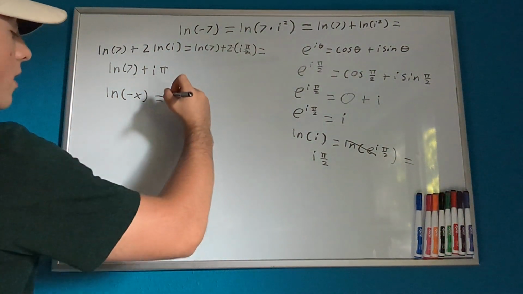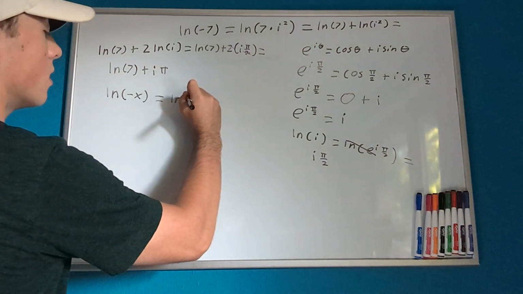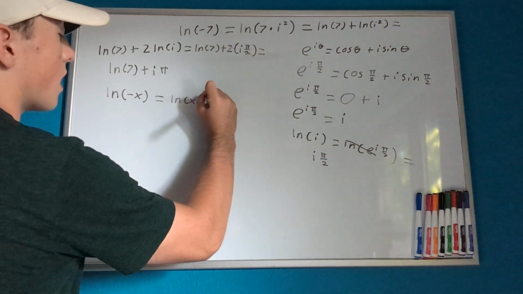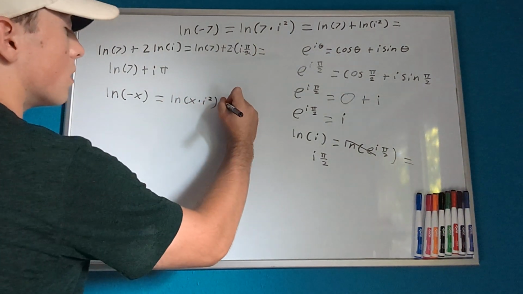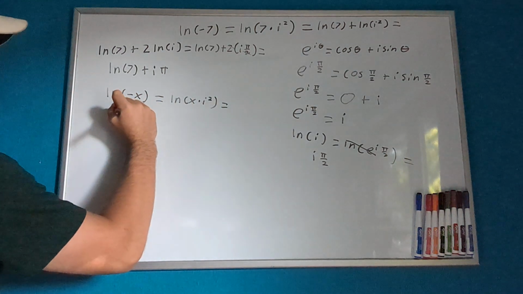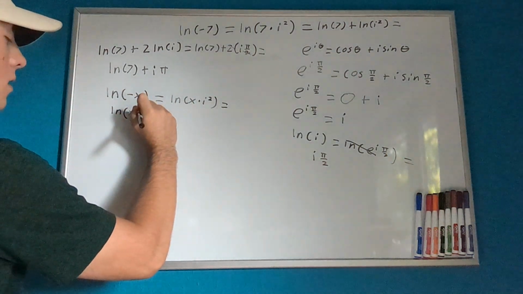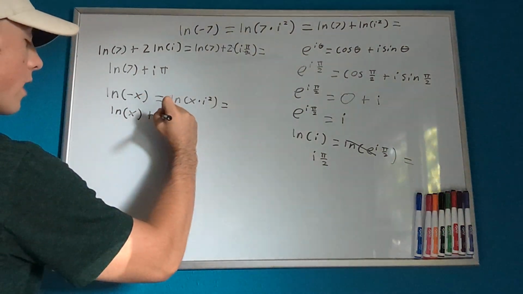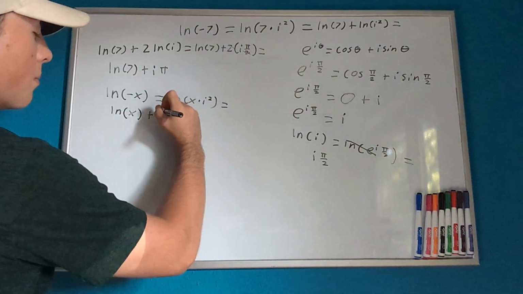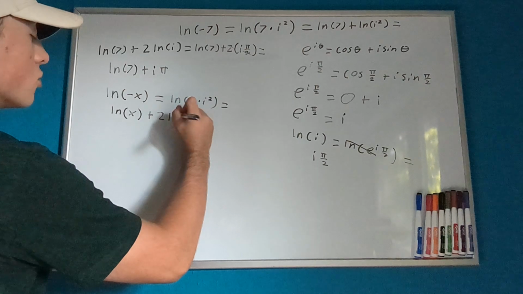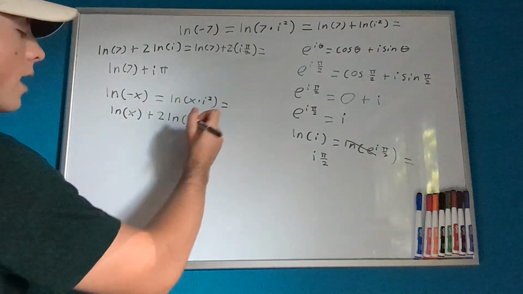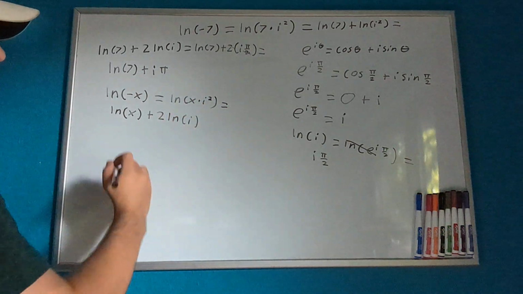We can say once again that this equals the natural log of x times i squared, which equals the natural logarithm of x plus, let's move a little bit quicker, 2 natural log i. We already figured that the natural log of i is equal to that.